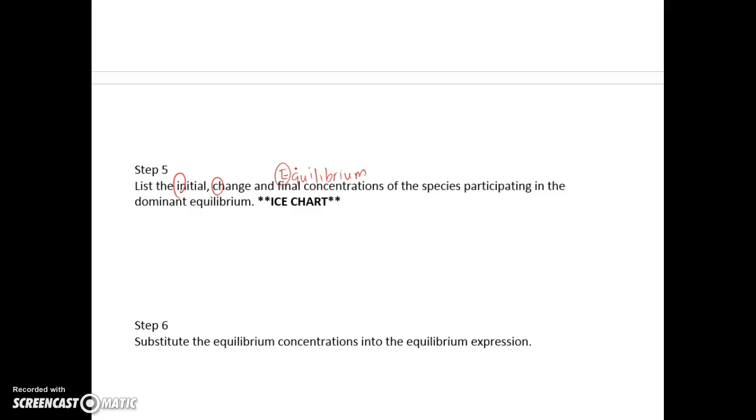So we refer to it as an ICE chart. And you're going to set this up by using that equation that you wrote. So you wrote HCOOH, that's why that equation is so important, becomes H plus HCOO minus, and right down the side we're going to list I, C, E for the ICE chart.